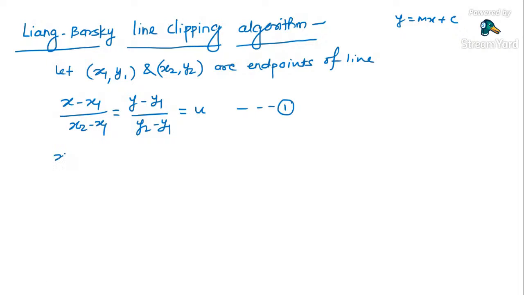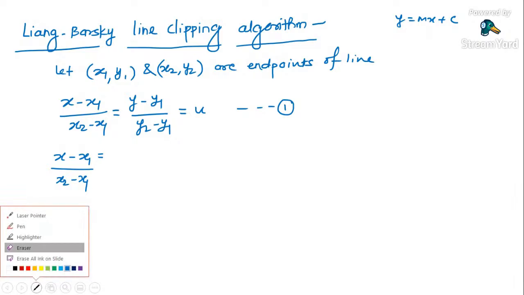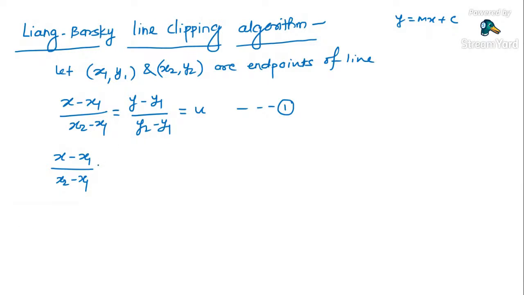Now you can simplify. x minus x1 divided by x2 minus x1 is equal to u, and y minus y1 divided by y2 minus y1 is equal to u.